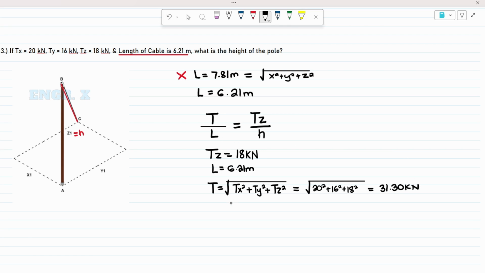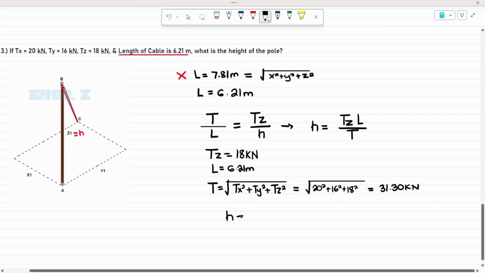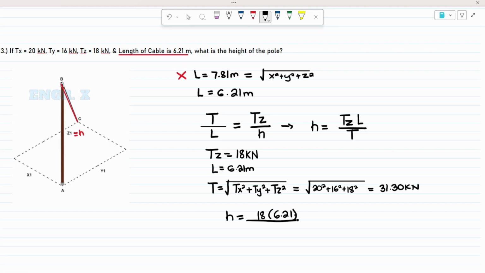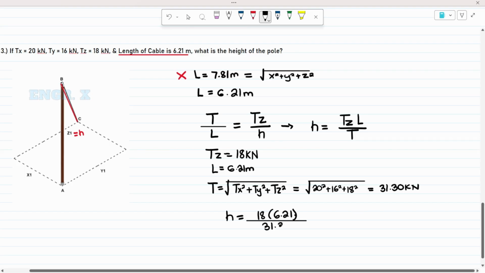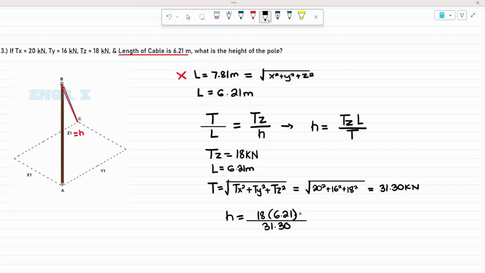Okay, we can now solve for H. Rewriting this formula, H is equal to TZL all over T. So H, that is equal to 18 times 6.21 all over T na 31.30. This is magkano? 3.57 meters. This is the answer for number 3. Okay, and that's it. That is the solution for this situation.